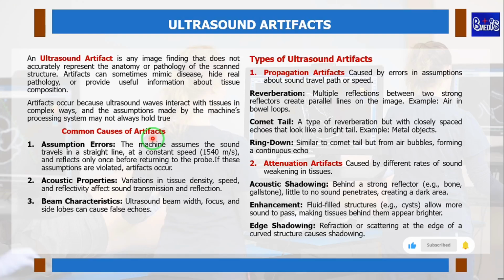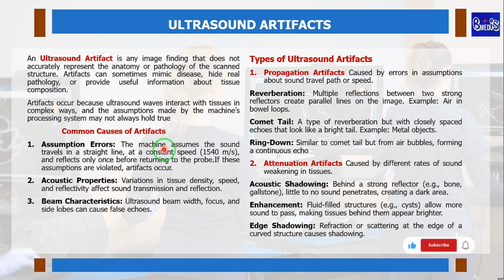Let's take a look at the common causes of artifact. The first is assumption errors. The machine assumes the sound travels in a straight line at a constant speed of 1540 meters per second and reflects only once before returning to the probe. If these assumptions are violated, artifacts occur.